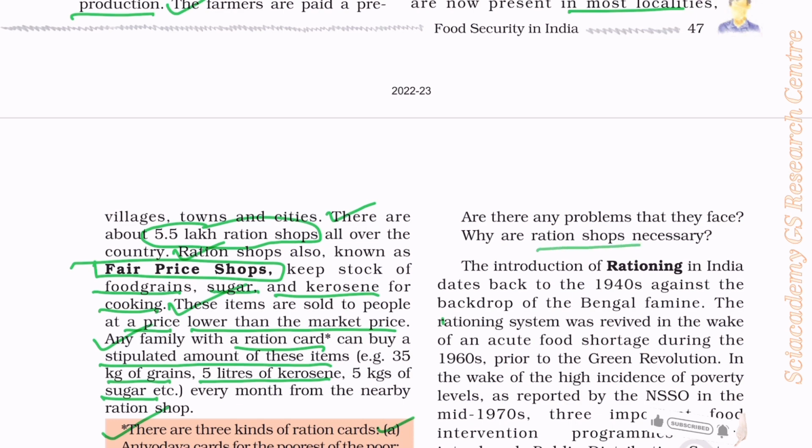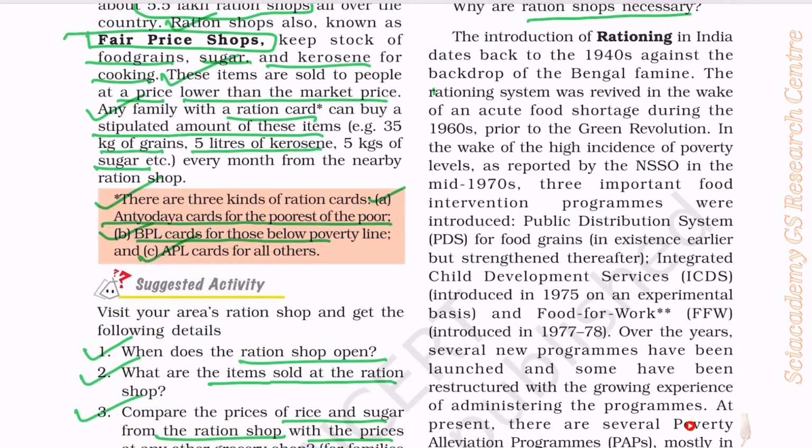Why are ration shops necessary? The introduction of rationing in India dates back to the 1940s against the backdrop of the Bengal famine. The rationing system was revived in the wake of an acute food shortage during the 1960s prior to the Green Revolution.